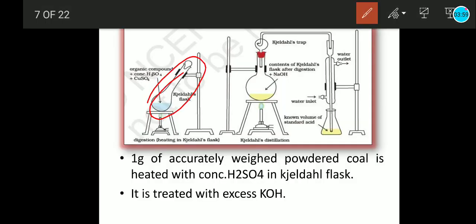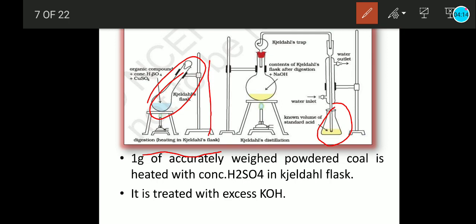This is the Kjeldahl flask. This is the beaker. This is the digestion heating Kjeldahl flask. This is the stand.